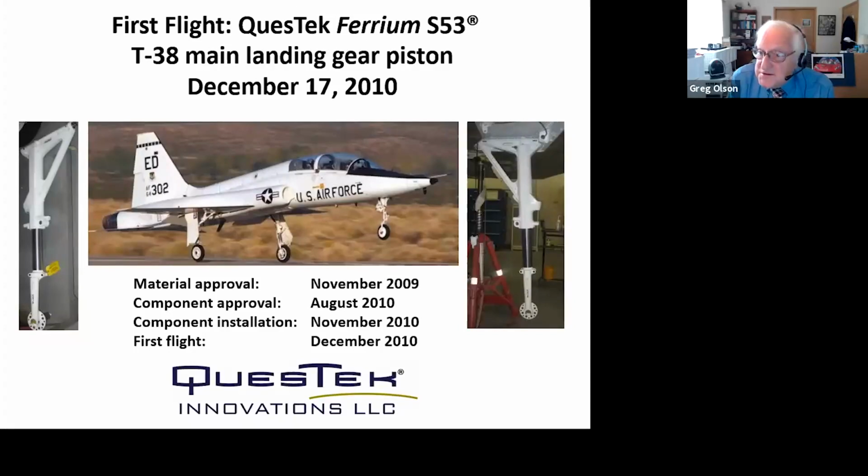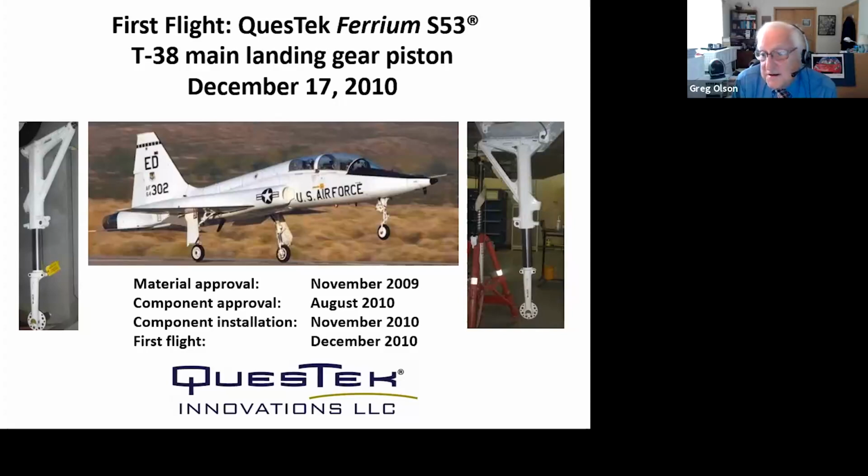Historic milestone was a decade ago with the first flight of Questek's Ferrium S53 stainless landing gear steel. And this was the first stainless steel to meet the mechanical performance requirements of aircraft landing gear, which was driven by the need to eliminate toxic cadmium plating. So this was a green steel solving an environmental issue.